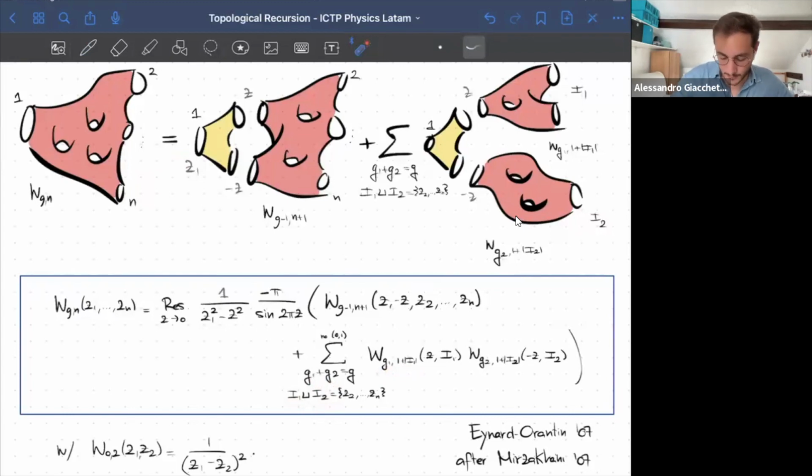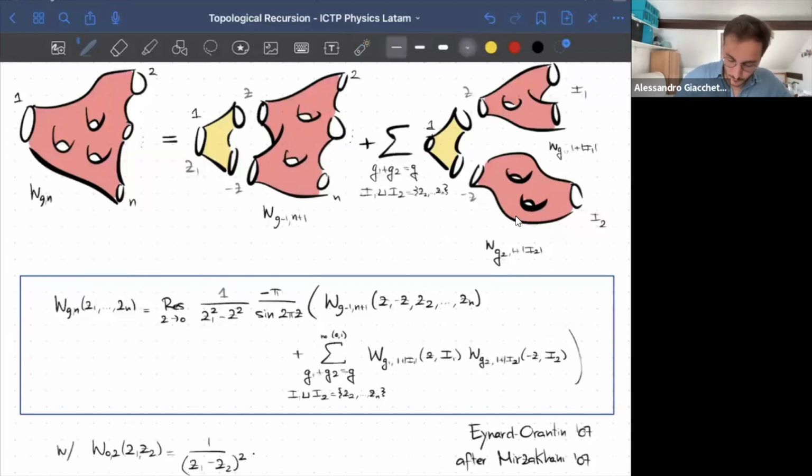And this is not allowed because if you try to glue a disk, the resulting surface here will have the same genus and the same number of boundary components as the first one. So if you don't remove the (0,1) case, you will not end up with a recursion.